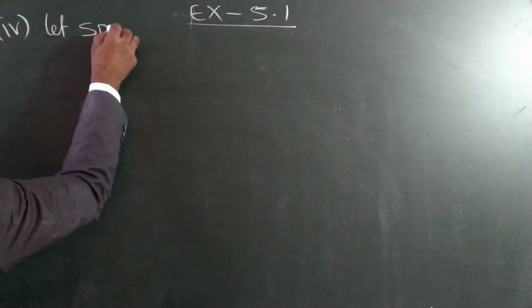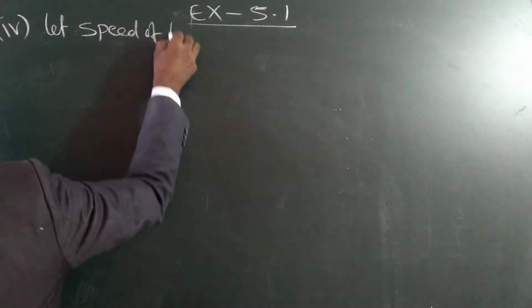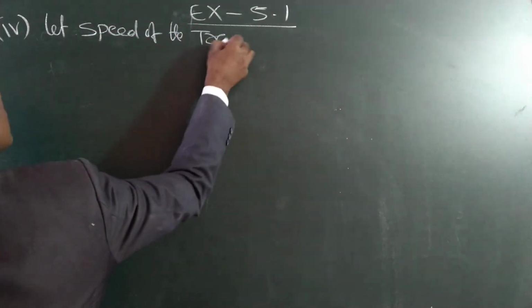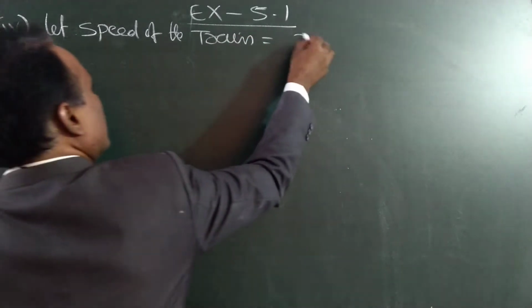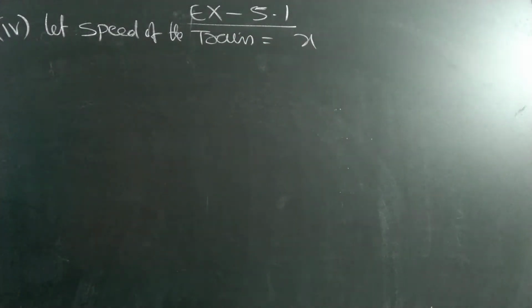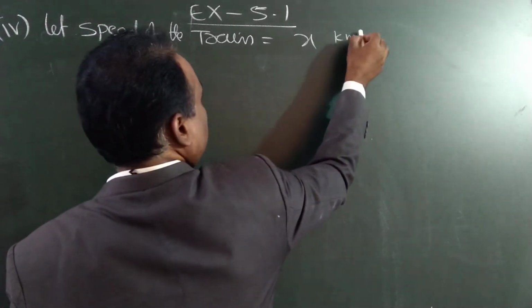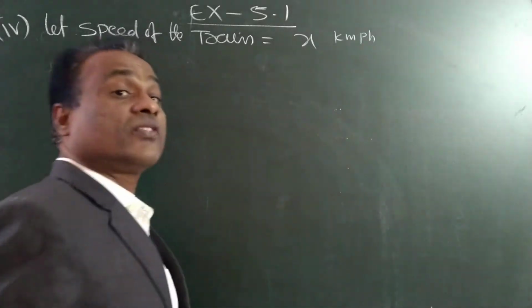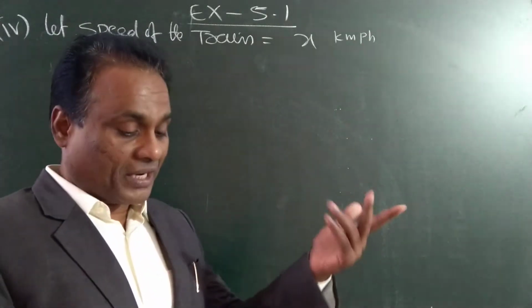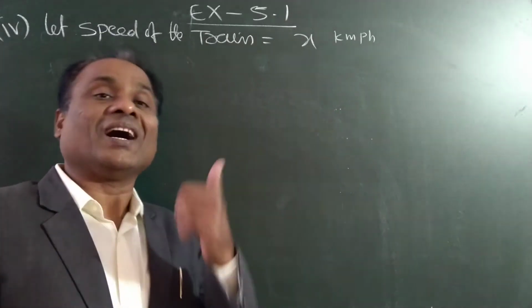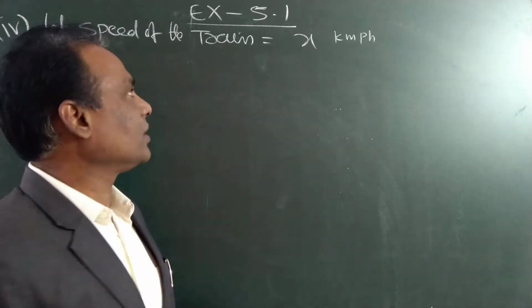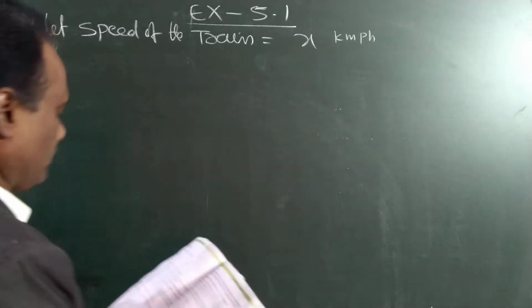Let the speed of the train be x kilometers per hour. Because the distance is given in kilometers and time is given in hours, so x kilometers per hour.